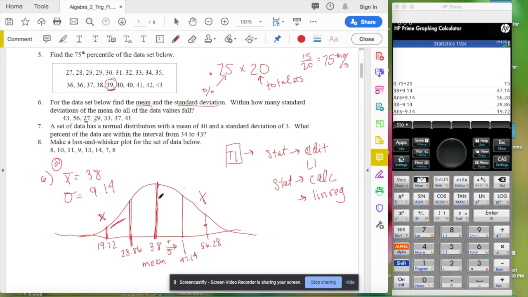So within my mean, notice how my highest number is within 1, 2, and then my lowest number is also within 1, 2. So you just see which is the farthest one. Since these are both 2, we would say that our values fall within 2 standard deviations. Okay?